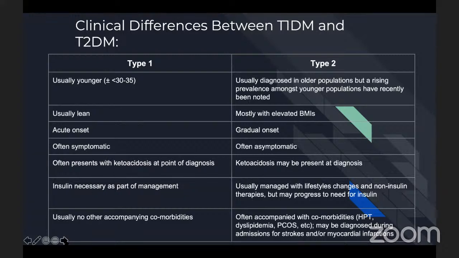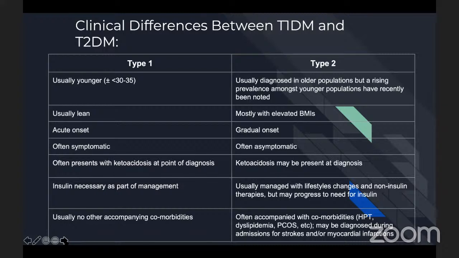Type 1s tend to present with an acute onset of symptoms, such as polyuria, polydipsia, visual disturbances, etc. Whereas your type 2s are often asymptomatic and have a more gradual onset of symptoms. Type 1 diabetes often presents with ketoacidosis at the point of diagnosis, whereas type 2s can, but it's not necessarily a defining characteristic when making that diagnosis.